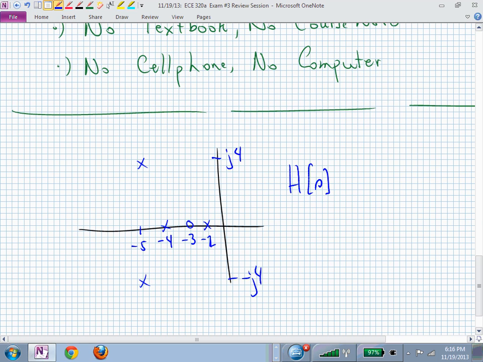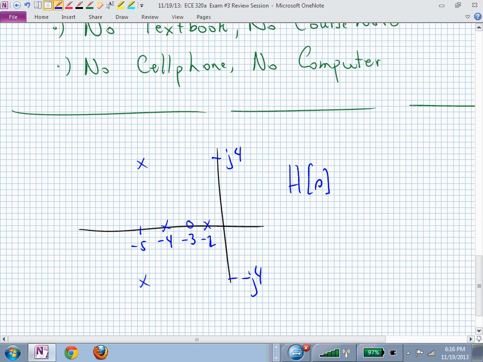You guys know this. So now you have an e to the minus 2t, an e to the minus 4t, and an e to the minus 5t. Which one is going to influence the transient for the longest amount of time? The slowest pole, which is the one closest to the imaginary axis, the e to the minus 2t.